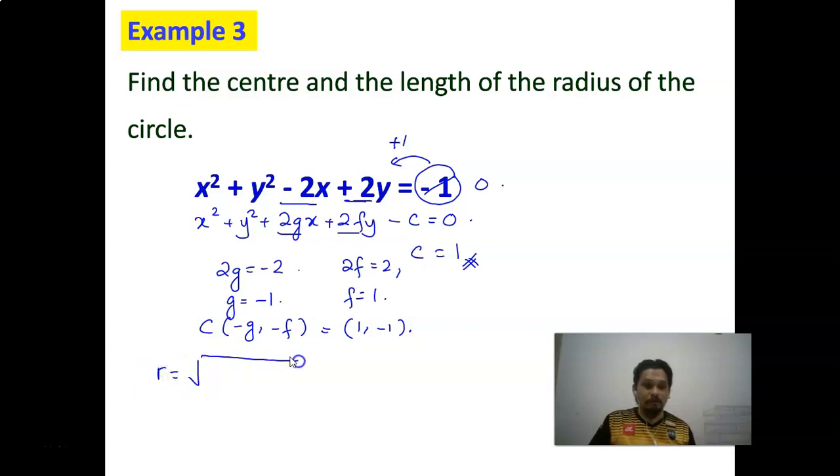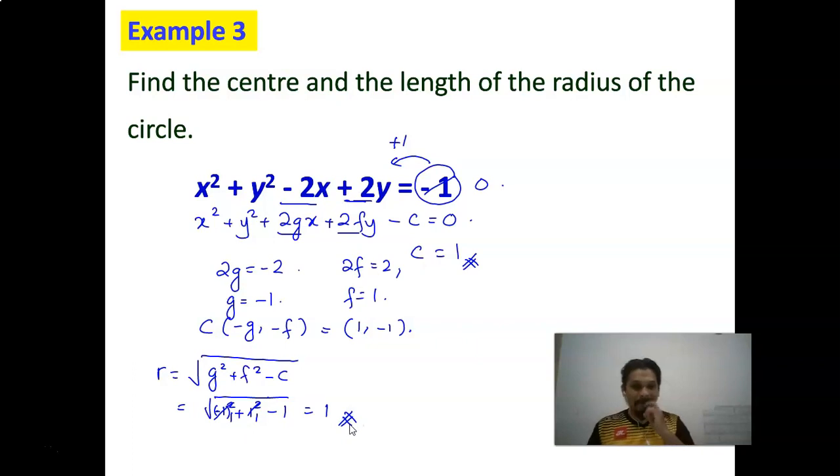The radius is the square root of g squared plus f squared minus c, which is the square root of negative 1 squared plus 1 squared minus 1. The square of negative 1 equals 1, 1 plus 1 equals 2, 2 minus 1 equals 1.